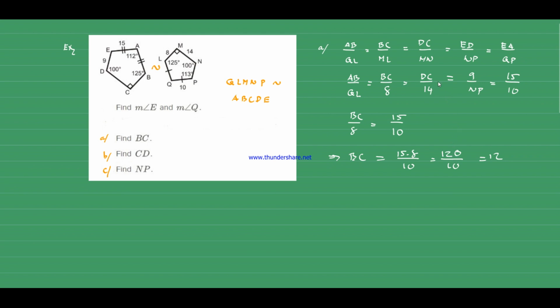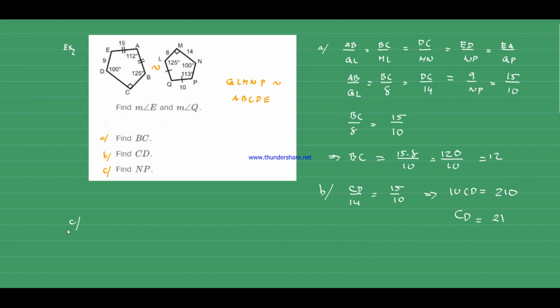Now we have to find CD. So I'm gonna pick this one over here. CD over 14 equal to 15 over 10. So we have 10 CD equal to 15 times 14, which is 210. So CD gives you 21.